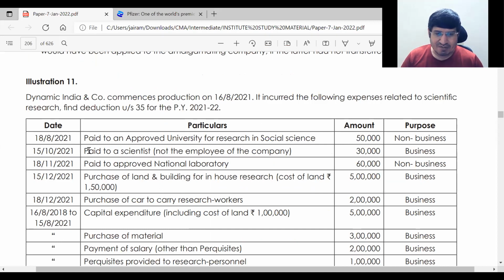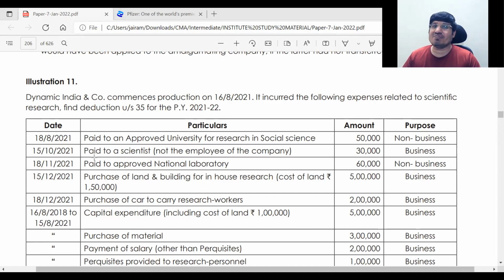The second is paid to a scientist not employee of the company. ठीक है. So here it is for business purpose. So you are assumed to be in-house. Okay, for in-house research, when you pay some money to some scientist, it's not essential that they will be your employees.